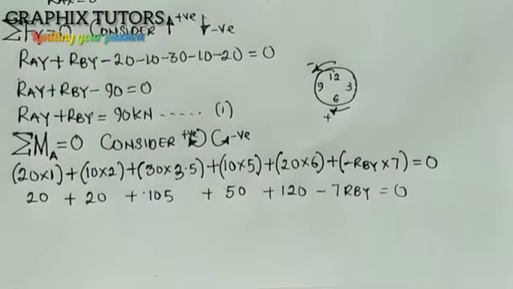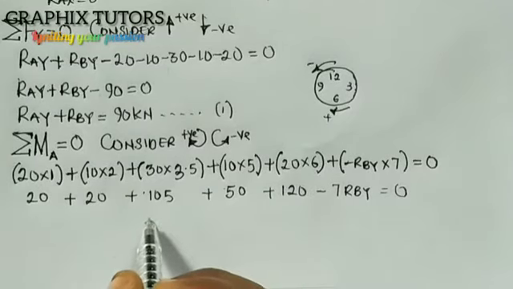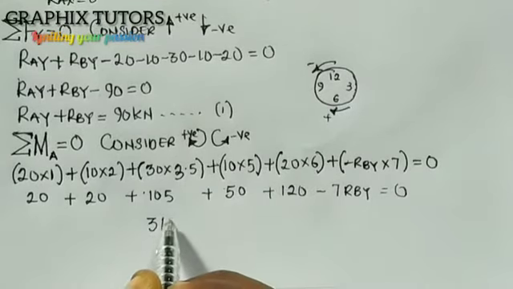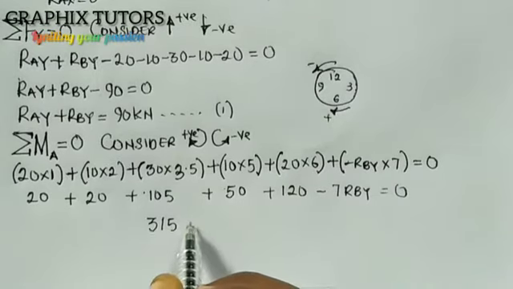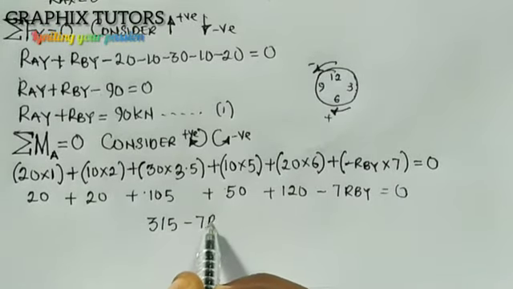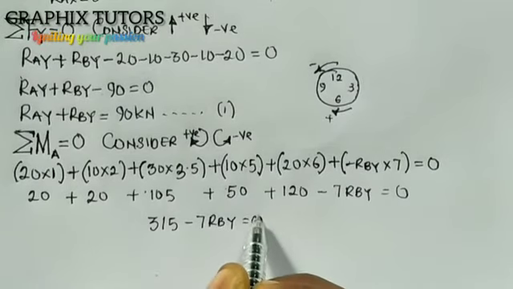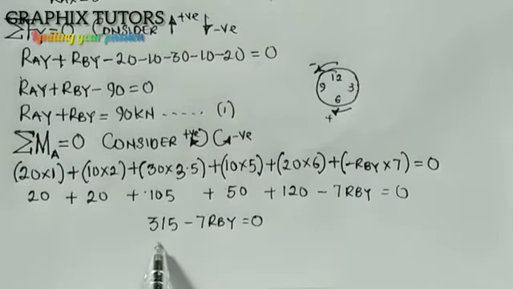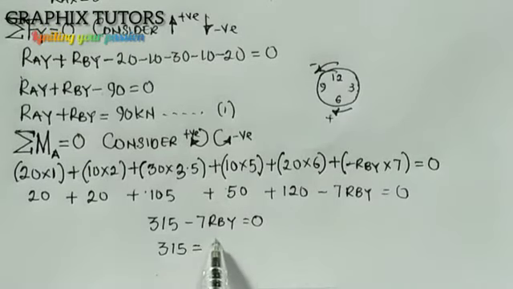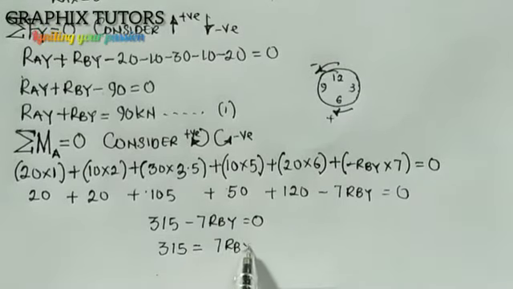Now when you add everything all together here, you'll be having 315, right? Minus 7 ROBY equals to what? 0. If I take this to this side, it will have 315 is equals to 7 ROBY.